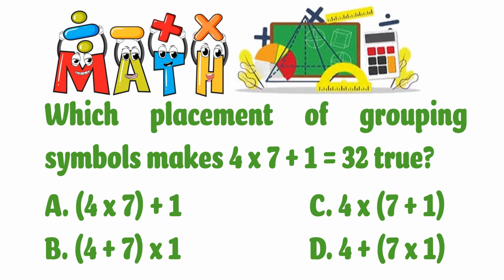B. Open parenthesis 4 plus 7 close parenthesis times 1. C. 4 times open parenthesis 7 plus 1 close parenthesis. D. 4 plus open parenthesis 7 times 1 close parenthesis. Compute first before you write your answer.